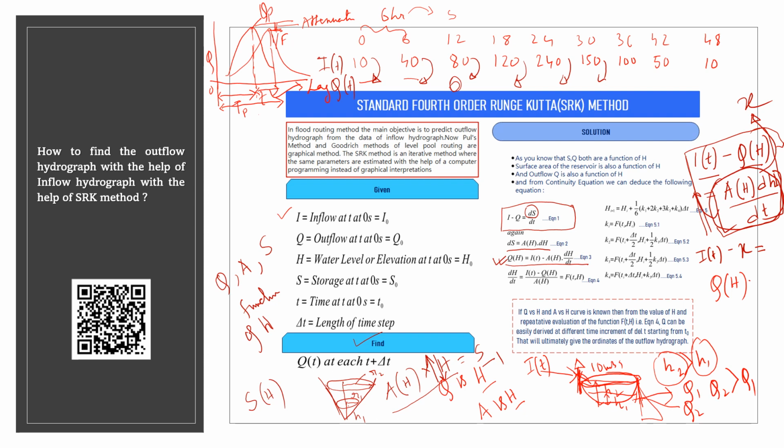If you just take this equation and place this A(H), this area, into the denominator of the LHS, this inflow minus outflow, then you will get this one. This is known as equation 4.